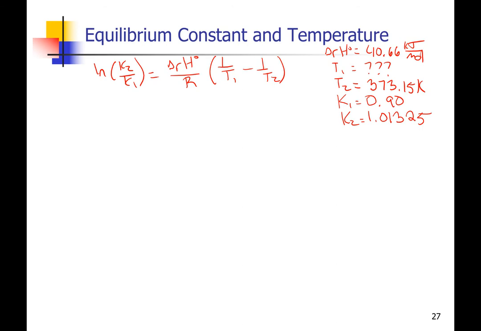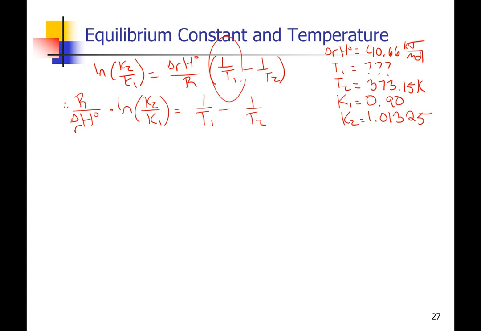I'm going to start by rearranging my equation, remembering that we're trying to isolate for the 1 over T1. So the first thing I need to do is multiply both sides by the ideal gas constant and divide both sides by the standard enthalpy change for the reaction. That will get me R divided by standard enthalpy change times natural logarithm of K2 divided by K1 is equal to 1 over T1 minus 1 over T2.